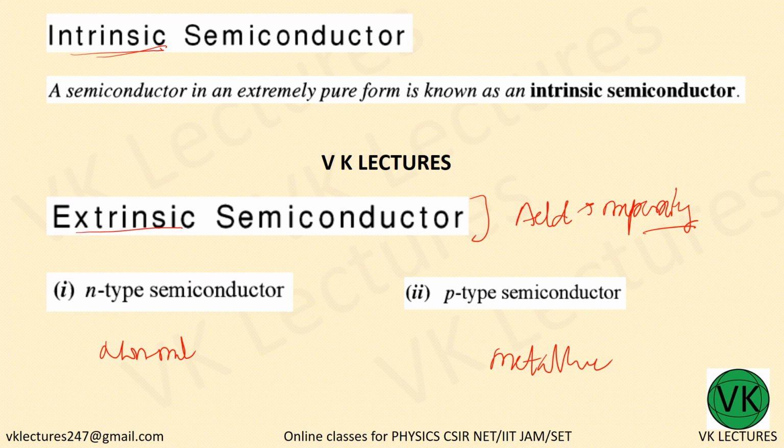Group 3 or group 5 elements can act as impurity. If you add group 5, it is an n-type semiconductor. We will discuss in detail what it is. And if you add a group 3 material, it will be a p-type semiconductor.